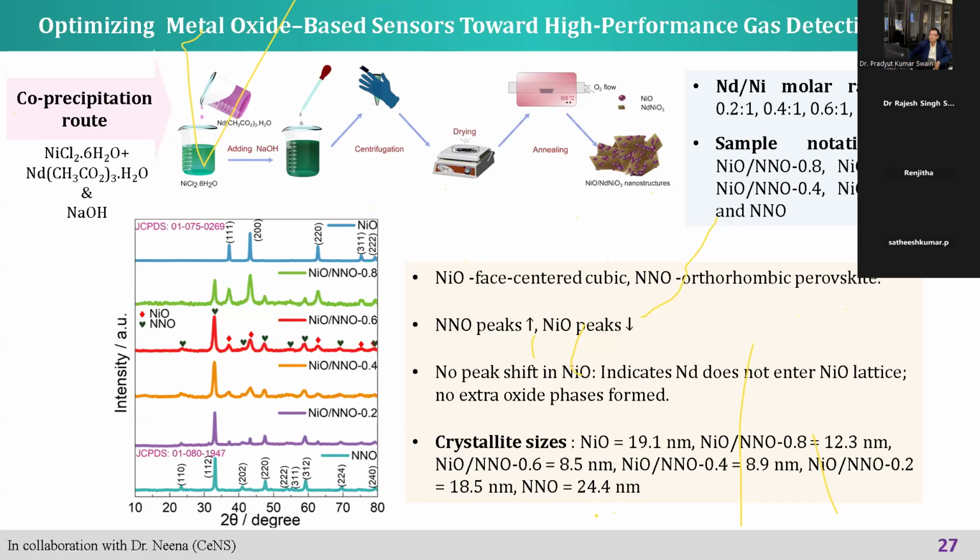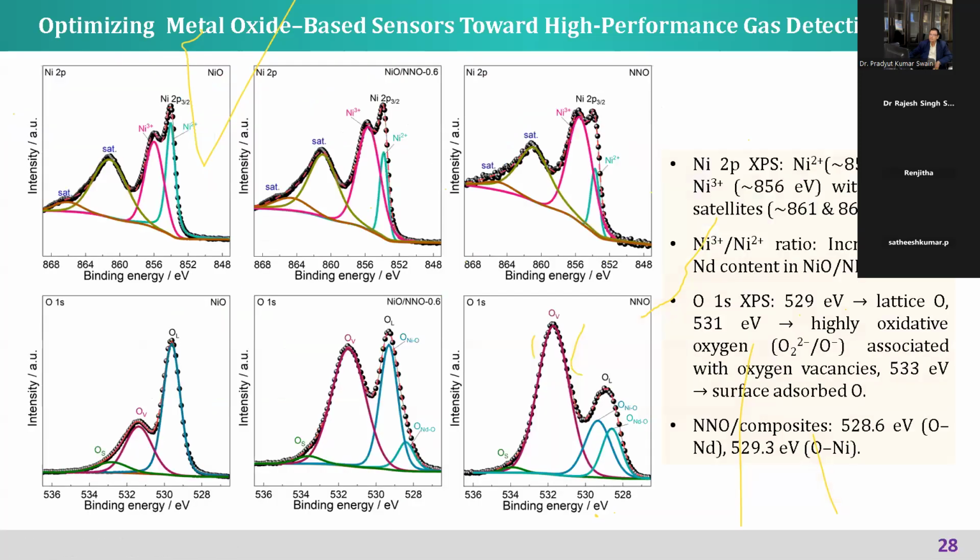We also did X-ray photoelectron spectroscopy, XPS, to analyze the chemical composition and find out how much the ratios are present in these compounds, and this is compared with the starting composition we had taken.